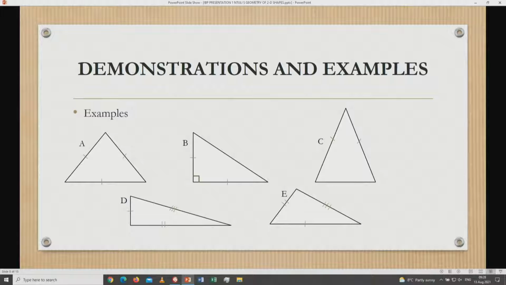We'll give you 2 minutes to look at them, and then you will tell me the names of these triangles. We'll try it together so that we can see what we need to look out for to name or describe each polygon here. So your 2 minutes begin now, guys.